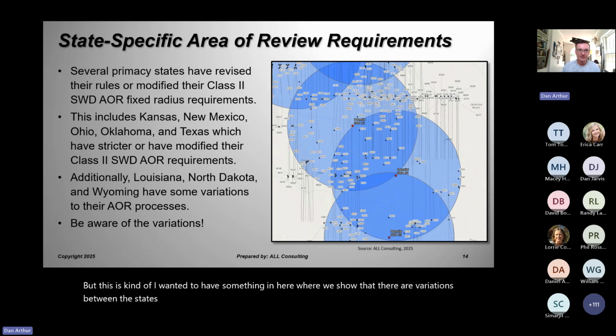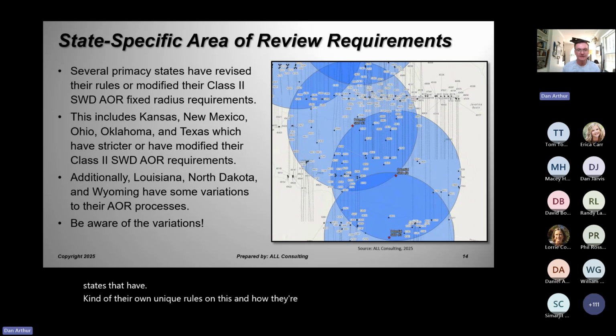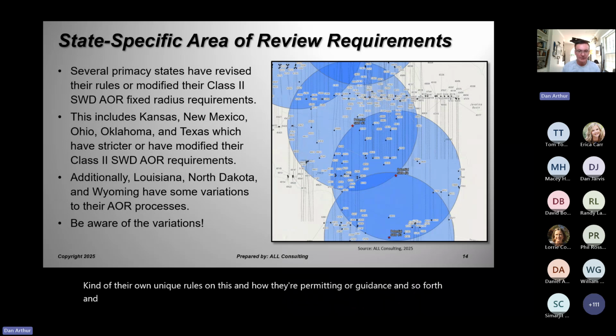Several states have specific things, and different states have their own unique rules on how they're permitting or guidance and so forth. And there's recently been stuff come out in the state of Texas. So be aware, don't assume.